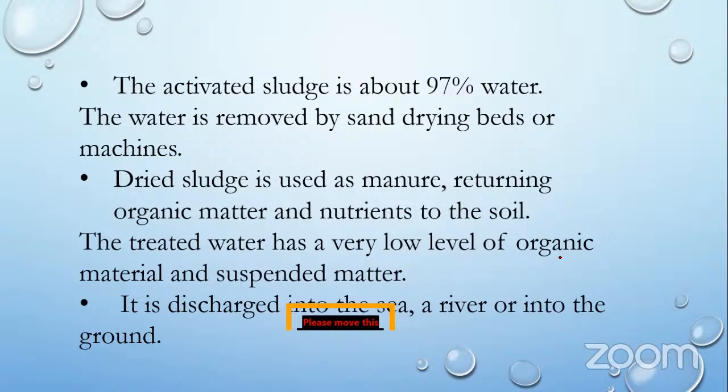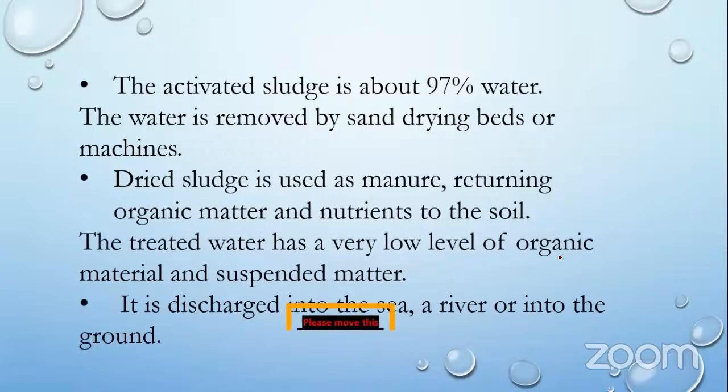The treated water has very low level of organic material and suspended matter. So, clarified water is also filtered, no? So now we get water which is not having any organic materials and also suspended matter. Suspended matter floats, the rags, sand, all such things.